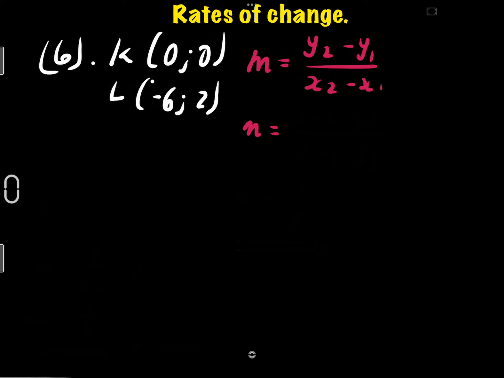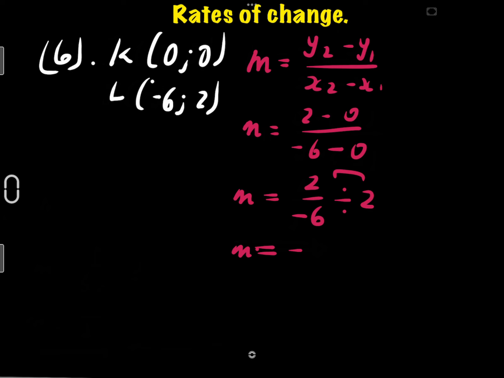In this case we have 2 minus 0 over -6 minus 0. 2 minus 0 gives us 2, and -6 minus 0 is simply -6. Now notice, positive divided by negative gives us negative. So let's look for a value that can enter the numerator and denominator without leaving any remainder. 2 into 2 enters once, and 2 into 6 enters 3 times.